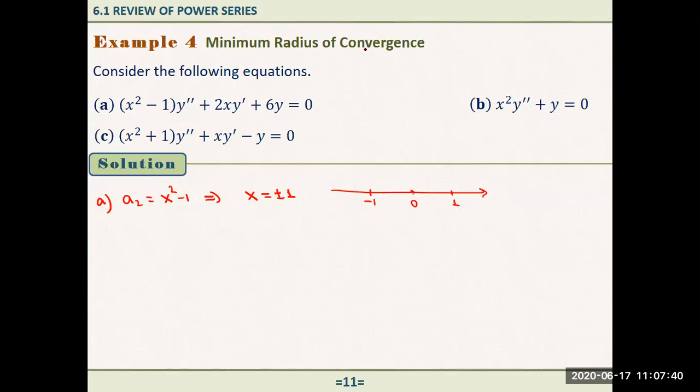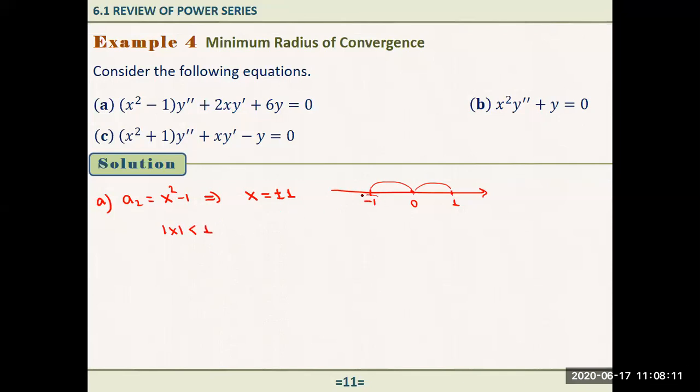And the minimum radius of convergence at 0, what is it? It is this: absolute value of x less than 1, right?